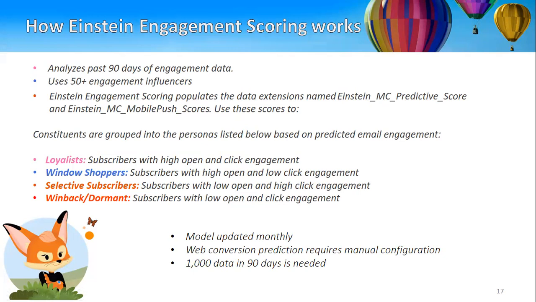Then this model gets updated monthly, so the model is trained on a monthly basis. And web conversion prediction requires some manual configuration. Here we can also configure web conversion. As I mentioned in the benefits section, it is also one of the metrics, based on which you can predict how many have converted in that particular send, at the overall subscriber level.